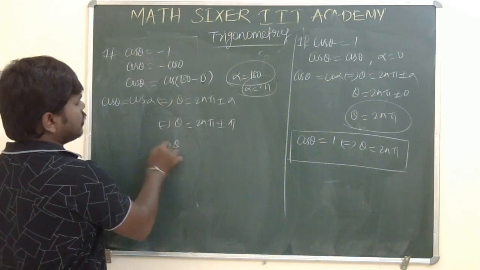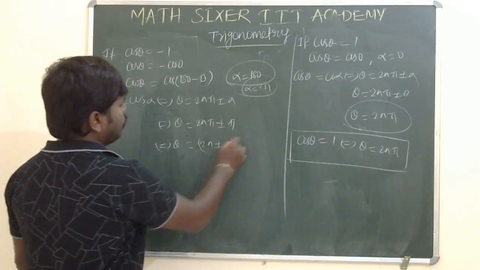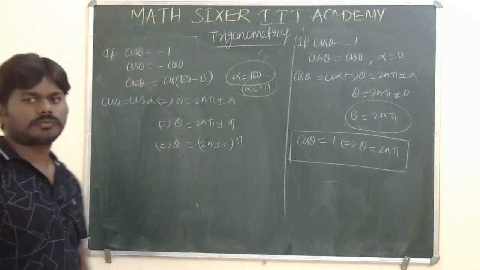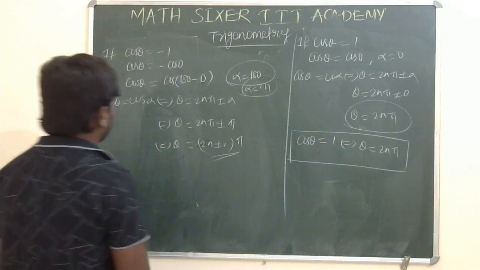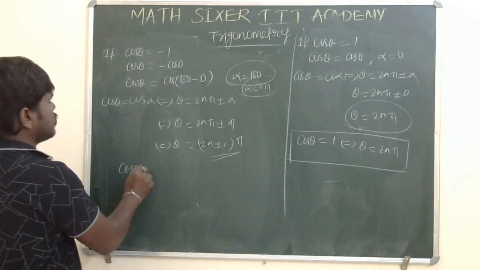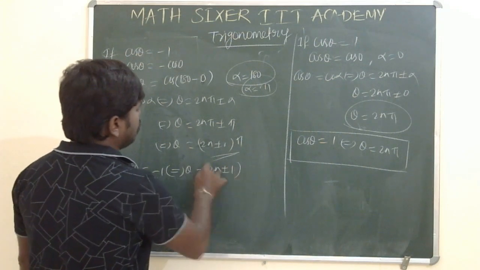Taking pi common, 2n plus or minus 1 into pi. So cos theta is equal to minus 1 if and only if theta is equal to 2n plus or minus 1 into pi.